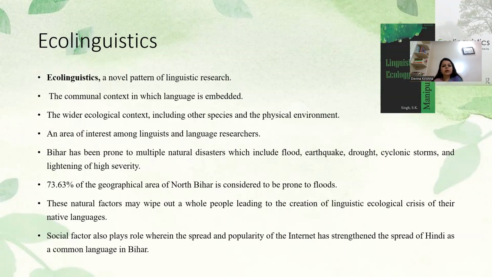These natural factors may wipe out a whole people, leading to a linguistic ecological crisis of their native languages. Other than these natural factors, social factors also play a lot of role. Here, I have spoken about the spread and popularity of the internet, and how it has strengthened the spread of Hindi as a common language in that region.